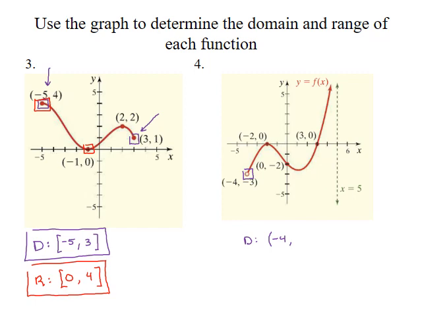Since I can't box in the furthest right, what I do know is that this graph, as we go up, is slowly but surely getting closer and closer to this asymptote here. Since it never actually touches the asymptote, but I know that it gets really, really close, I can use that 5 as my bigger x value, but I can't include it because it is an asymptote. So my domain is from -4 to 5.